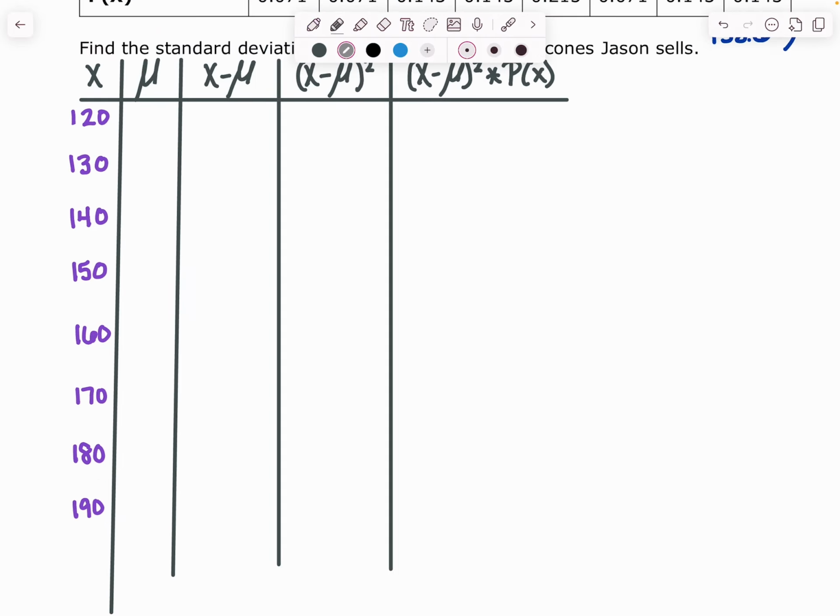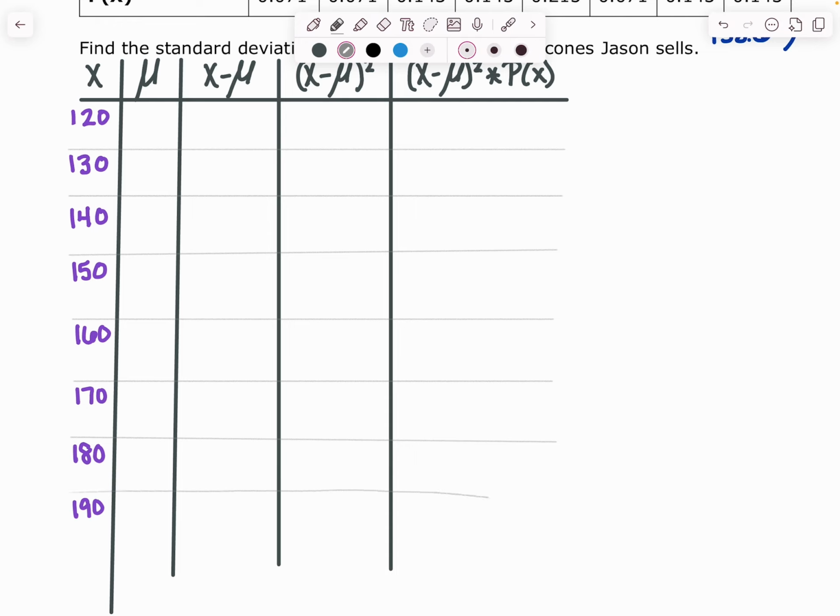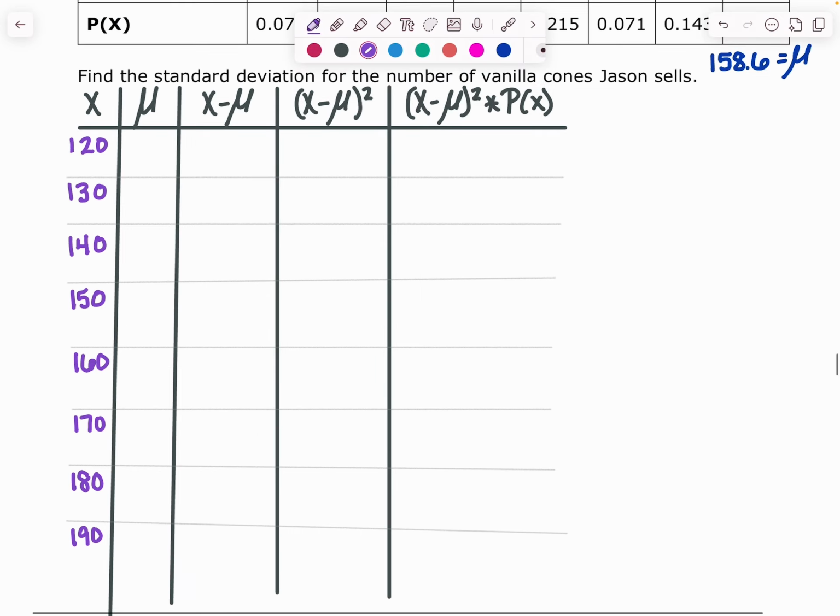I'm going to put some dividing lines in here to keep everything straight and organized. Okay. And then our mean all the way down is 158.6.